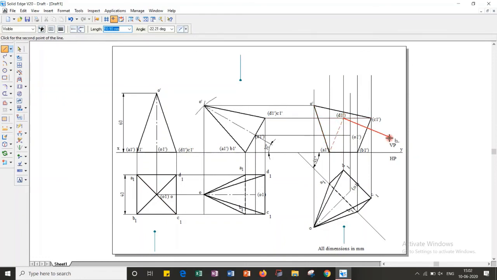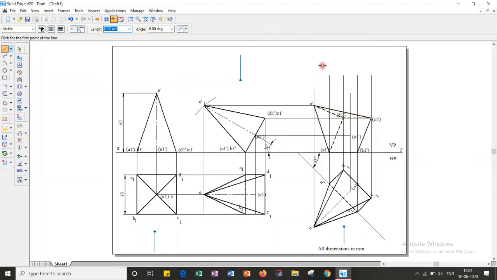It's dotted because D1 is away from observer. It should be thick dotted. Next, D1 to C1. And the last line D1 to O.